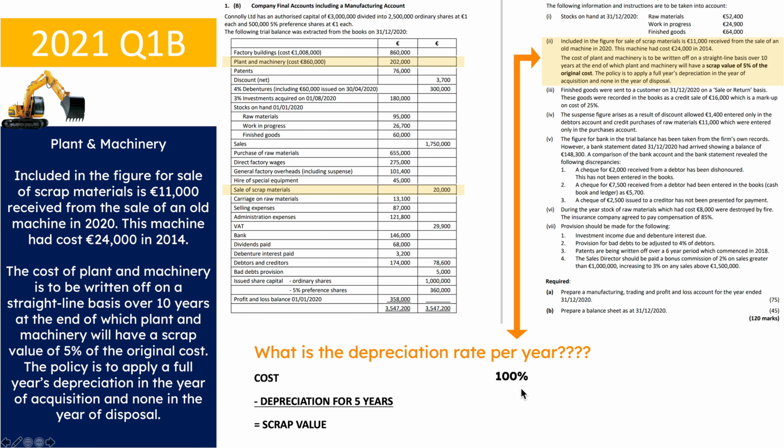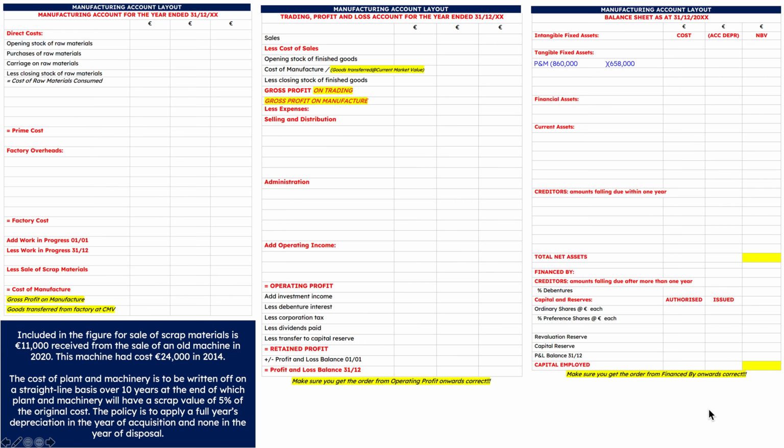So if the cost is 100 when it's bought, and the scrap value is going to be 5, that means it must have been depreciated by 95% over 10 years. And when we divide that by 10 years, we'll get 9.5% per year. This is the struggle that people have, finding this figure. But you just need to remember it is cost minus depreciation for 10 years is equal to scrap value 5%. And basically that is how you get the depreciation rate per year.